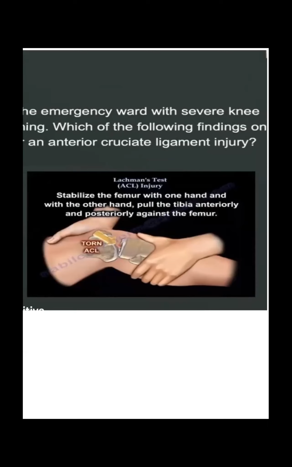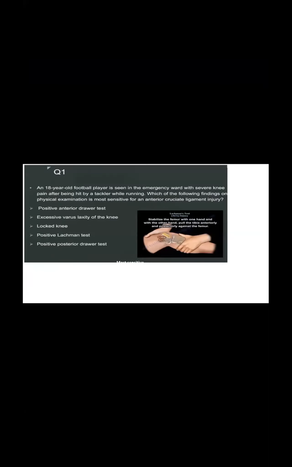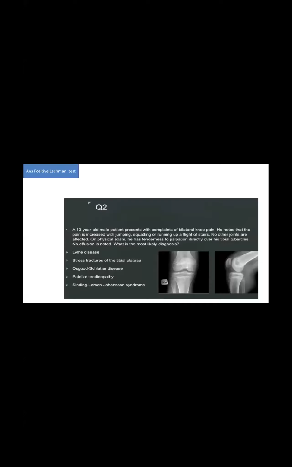You see, Lachman's test for anterior cruciate ligament injury: we stabilize the femur with one hand and with the other hand pull the tibia anteriorly and posteriorly against the femur. Lachman's test is more sensitive. It's a clean-cut exam; you will face the same scenario. Anyone can face such a question; there are 30 questions I'll discuss today. So the answer is the positive Lachman's test, right? Clear?